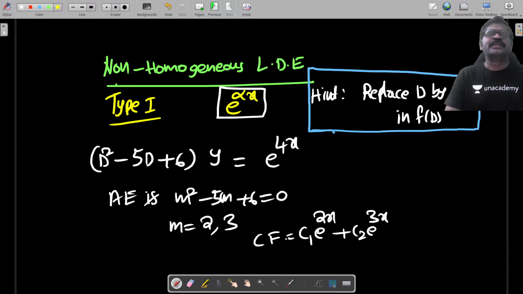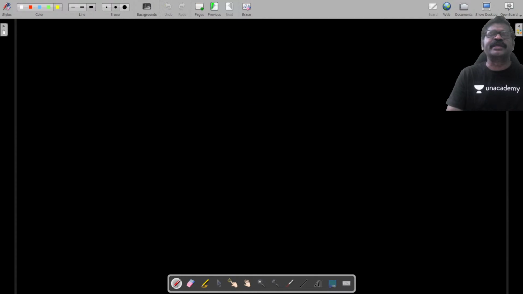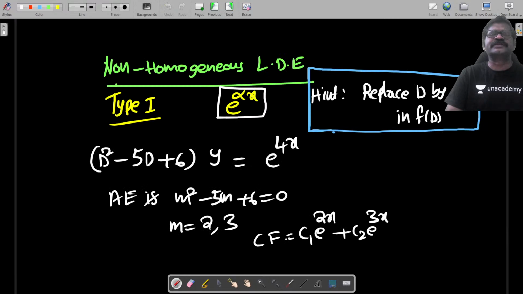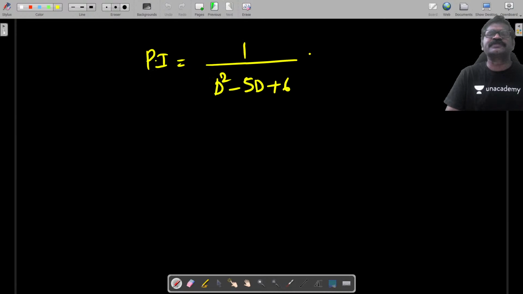Now, the particular integral is given by 1 by D square minus 5D plus 6 of e power 4x. Replace D equal to 4.